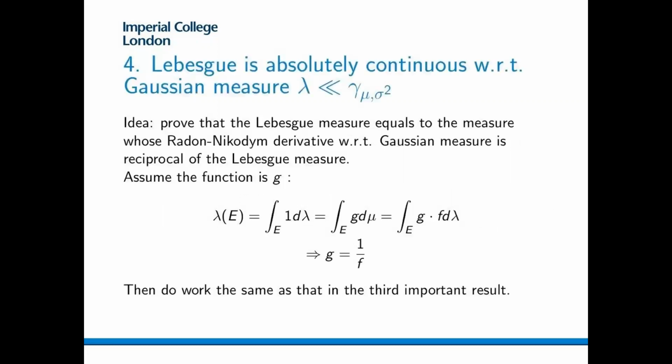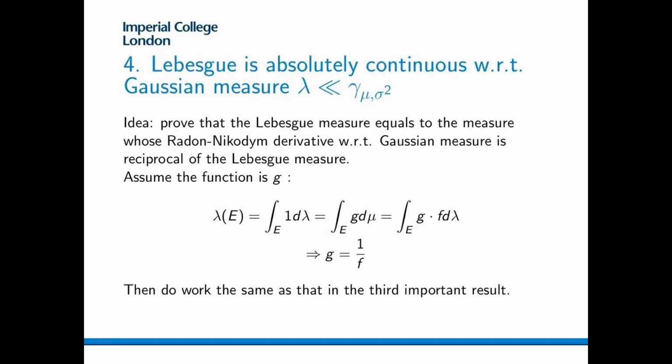The fourth one, as I said before, is quite similar to the third one. Here we need to prove that for an arbitrary measurable set E, if we are given that the Gaussian measure of that set E equals 0, then the Lebesgue measure of E also equals 0. The idea is that we need to prove that the Lebesgue measure equals the measure whose Radon-Nikodym derivative with respect to the Gaussian measure is the reciprocal of the density.